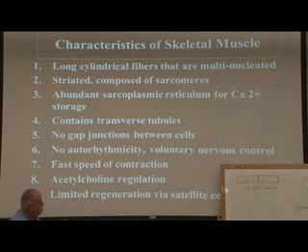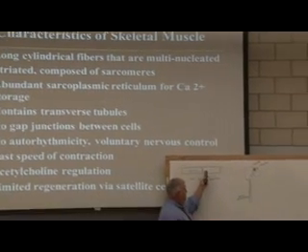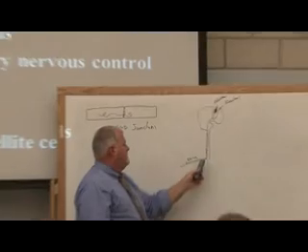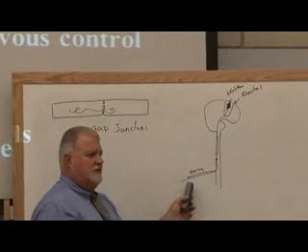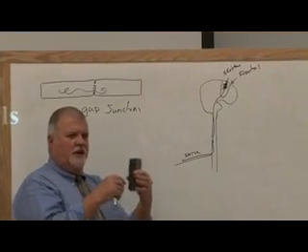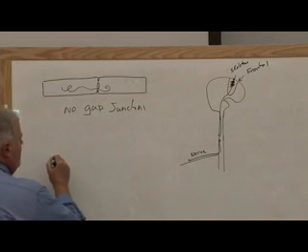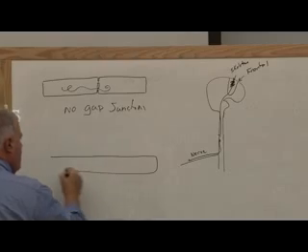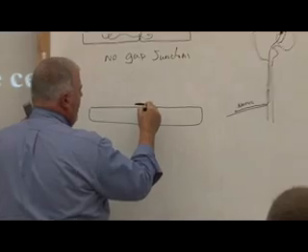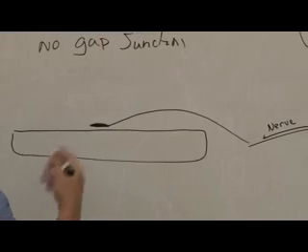Okay. And so, because there are no gap junctions between muscle cells, and because our frontal cortex is critical to controlling skeletal muscle activity, then we have to have a way in which our nervous system communicates with skeletal muscle cells. Right? So every skeletal muscle cell actually has a connection to a nerve that would be coming from a nerve in our central nervous system.